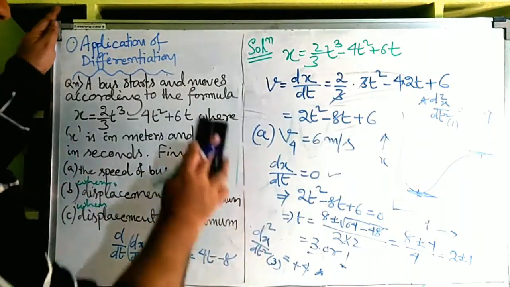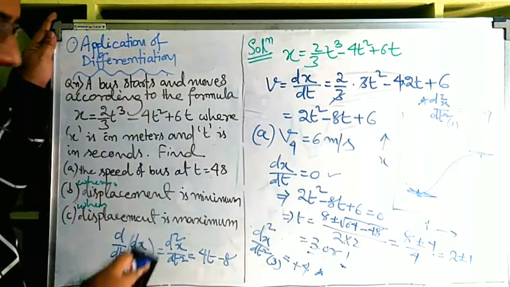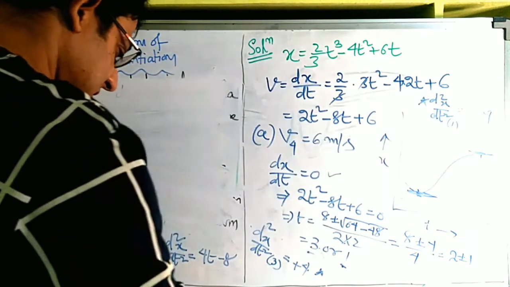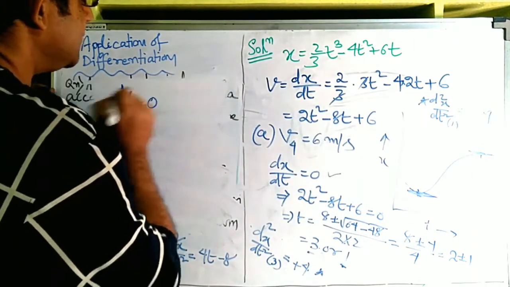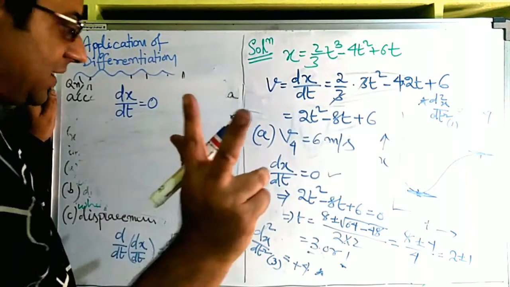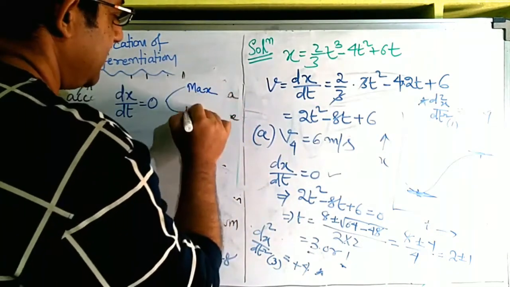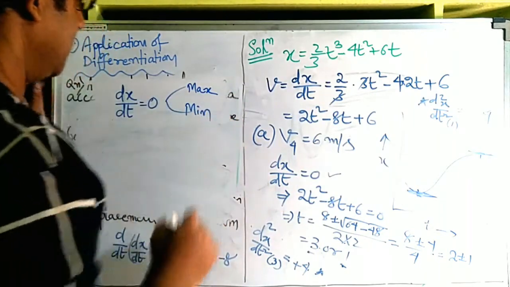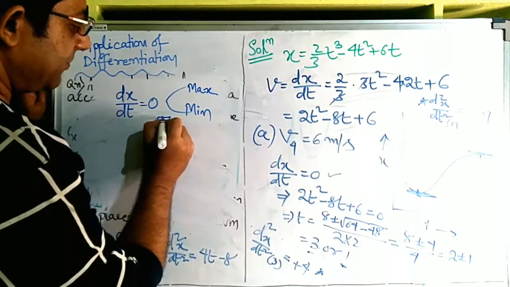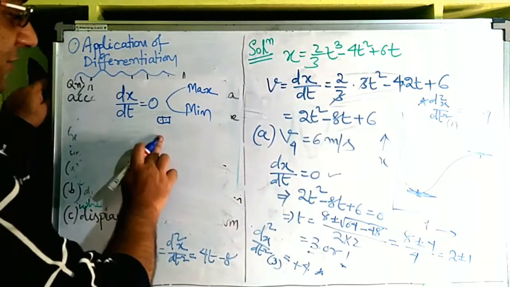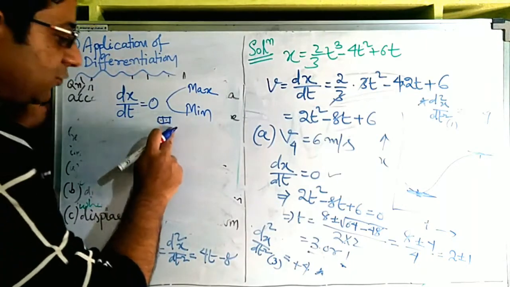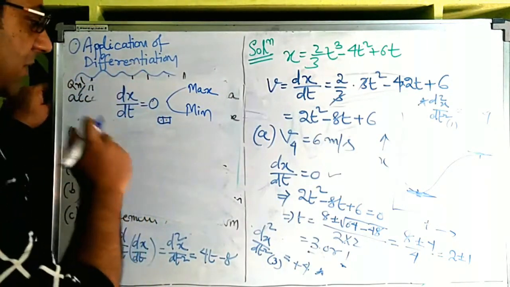That is the trick to remember. Now I erase this to make some space. I hope you have taken this down already. We can write dx by dt is equal to 0. By putting this, we will get two values, right? Displacement will be maximum or minimum. By putting this, two roots we are getting, but at one root displacement will be maximum, at one root x will be minimum.